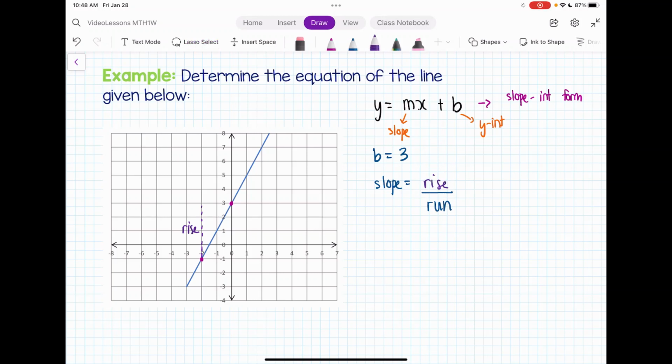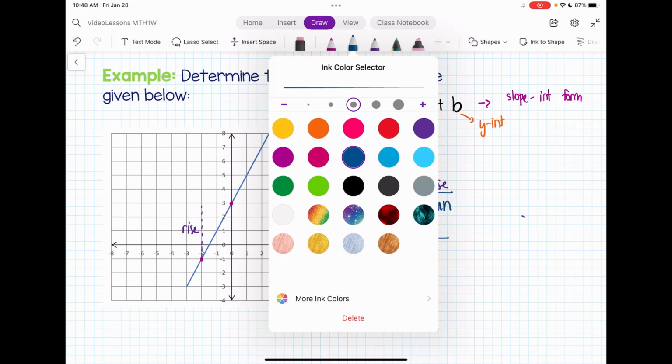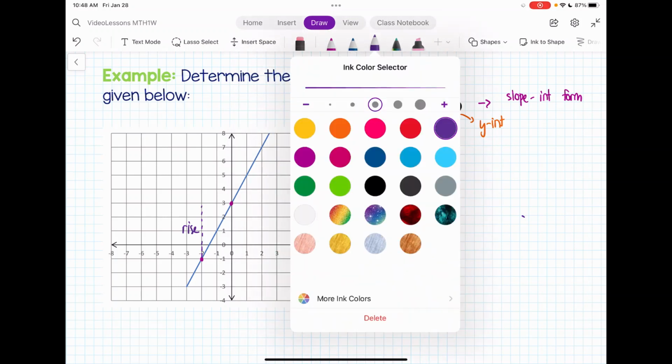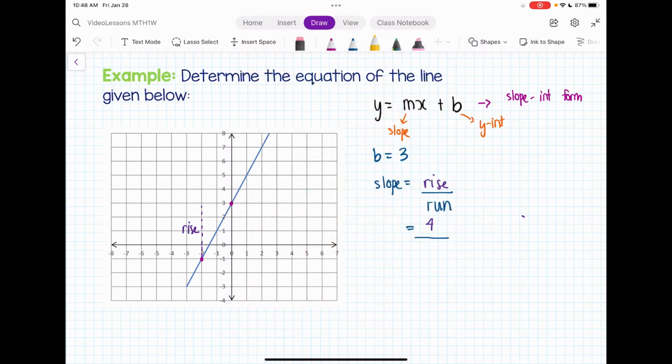So our slope is 4 over, I need my run. So let's use that for my run. As I go across, that's 2 units across. So this is my run.